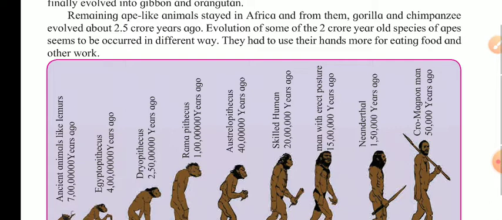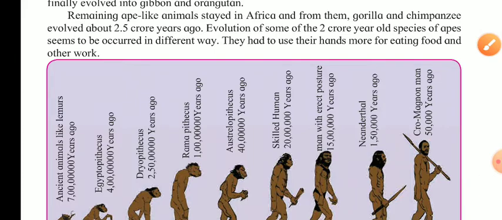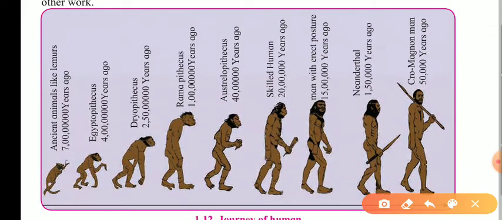About 2.5 crore years ago, the evolution of some of the 2 crore year old species of apes seems to have occurred in a different way. They had to use their hands more for eating and other work. And in this you can observe that the skilled human started around 20 lakh years ago, and then the modern human we see today, the Cro-Magnon man, appeared around 50,000 years ago.